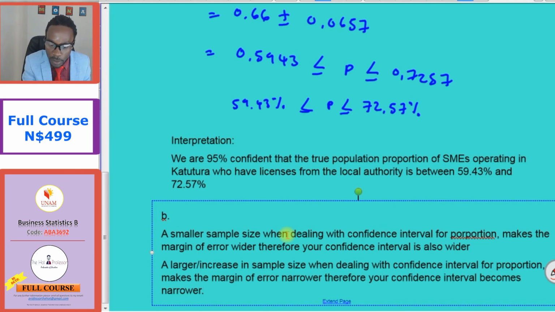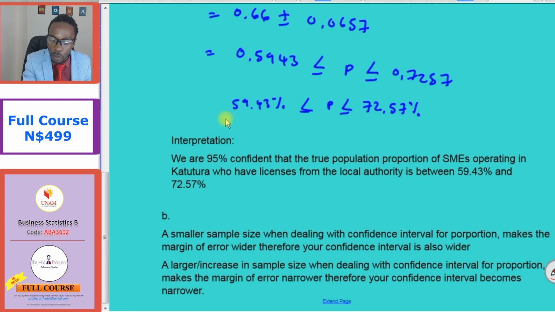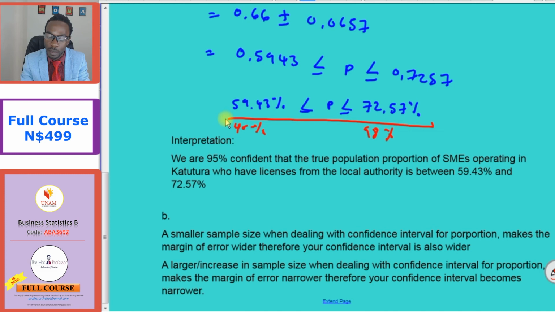So we're talking about this. This is the confidence interval. We're saying with a smaller sample size, it becomes wider, meaning it might go up to 98%, and down here it might go down to 40%. I'm not saying those are the values, but that's the illustration of wideness, because now there is a bigger distance from 40 to 98 as compared to 59 to 72.